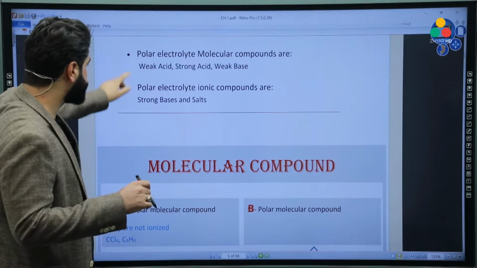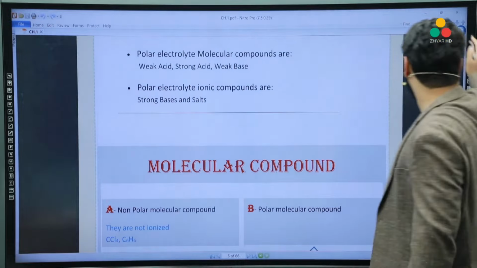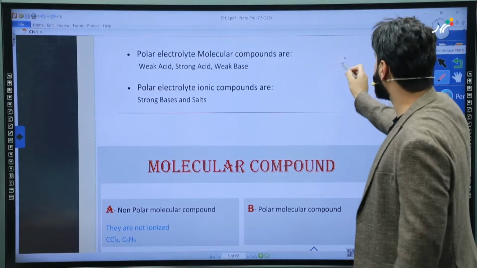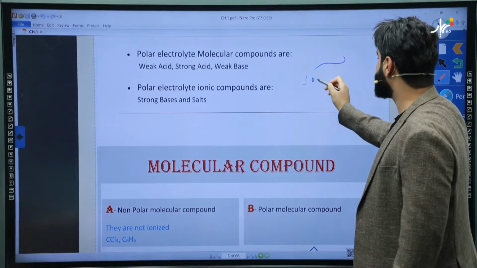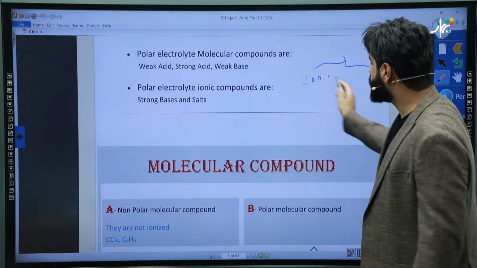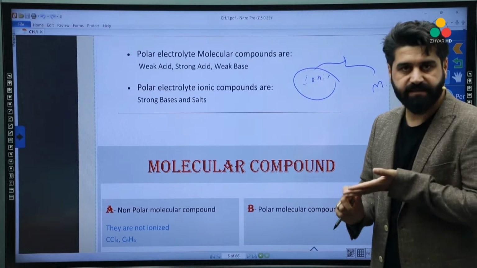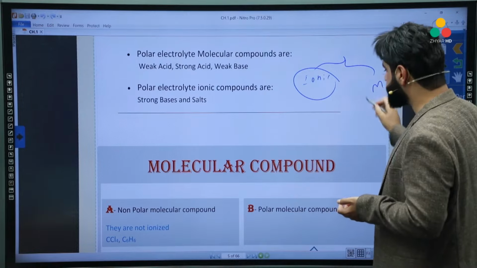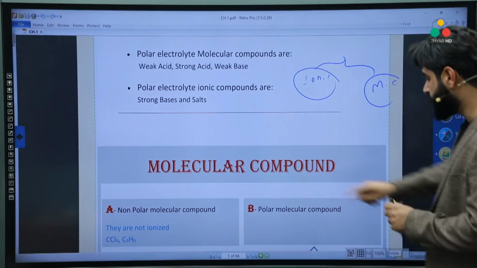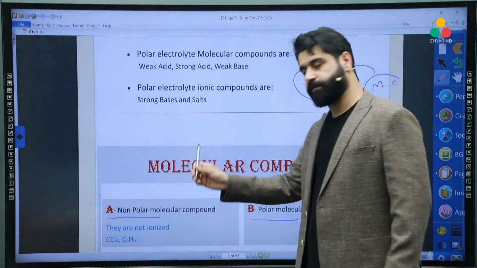Now, if you remember the classifications, we have ionic and molecular compounds. For the ionic, we have strong bases and salts. For the molecular compounds, we have nonpolar and polar.